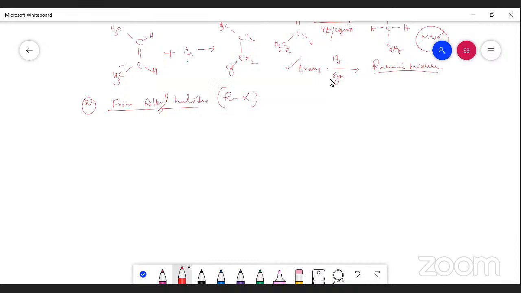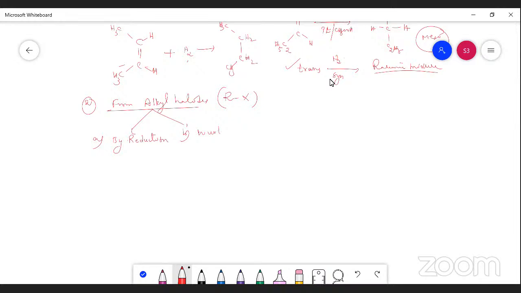One way is by reduction of alkyl halides. The second is one of the most important famous reactions, that is Wurtz reaction. So these are the two ways we can prepare alkanes from alkyl halides.